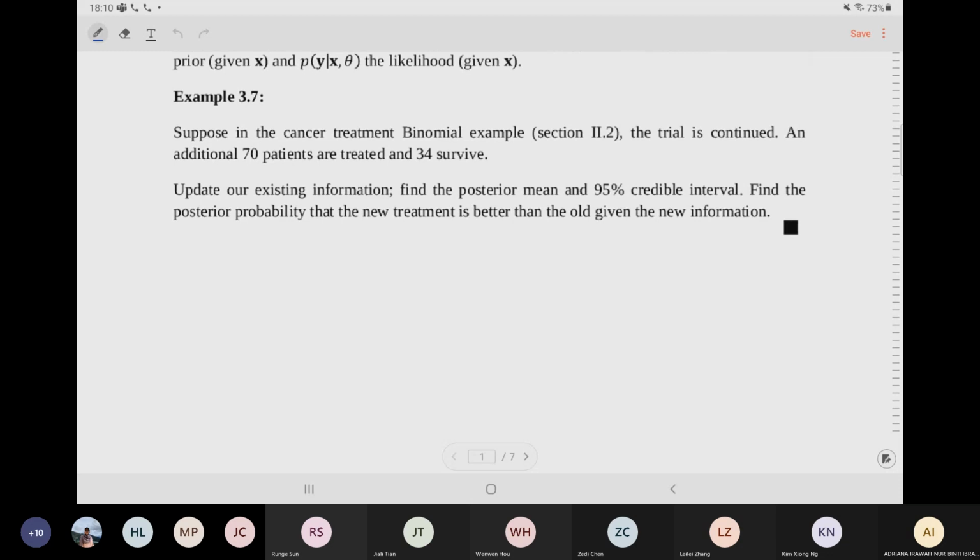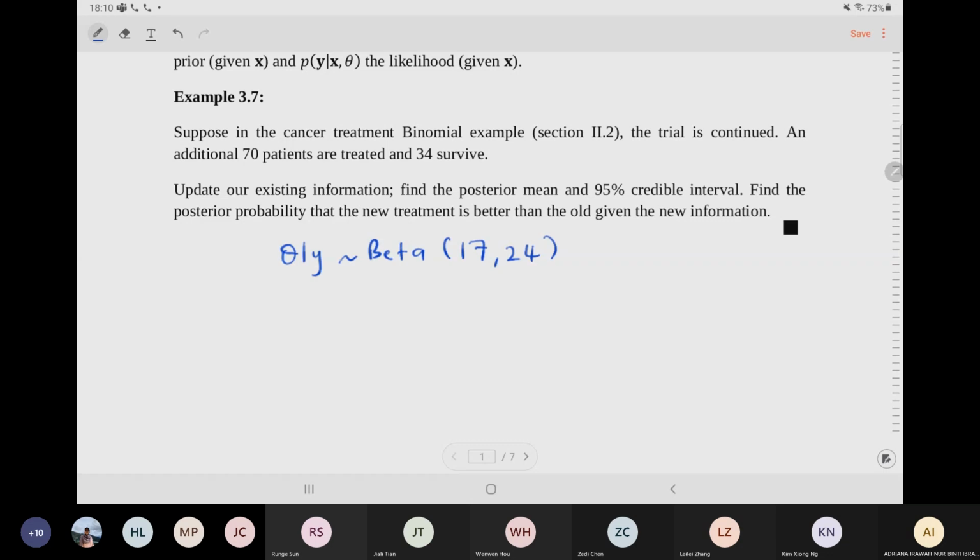The posterior of theta given Y was actually beta, 17, 24. So this was from the example. The posterior of theta given Y was beta, right?